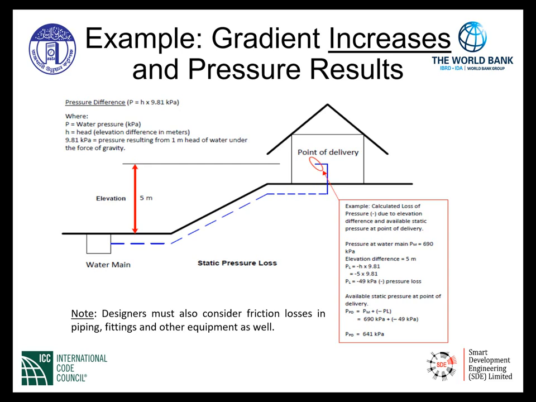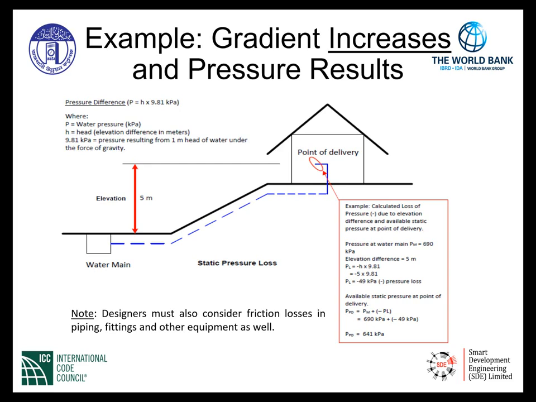We plug in the necessary variables. Negative 5 times 9.81 results in a pressure loss of 49 kilopascals. The available static pressure at the point of delivery is as follows. The pressure at the point of delivery equals the pressure at the main plus the pressure loss that we just calculated.